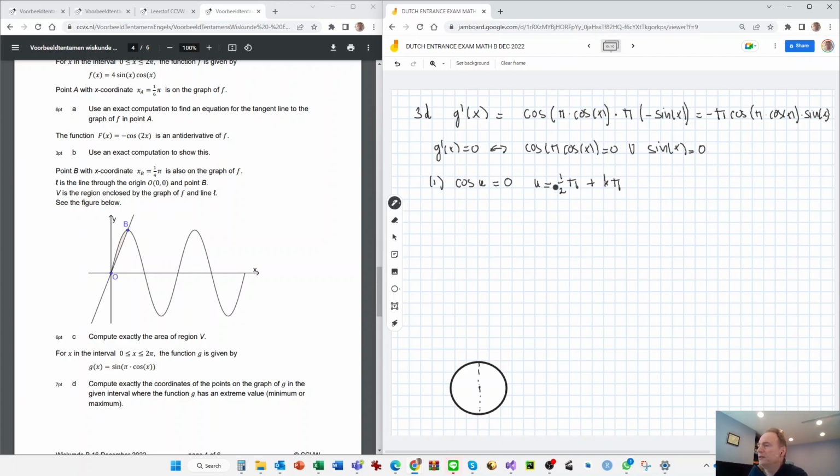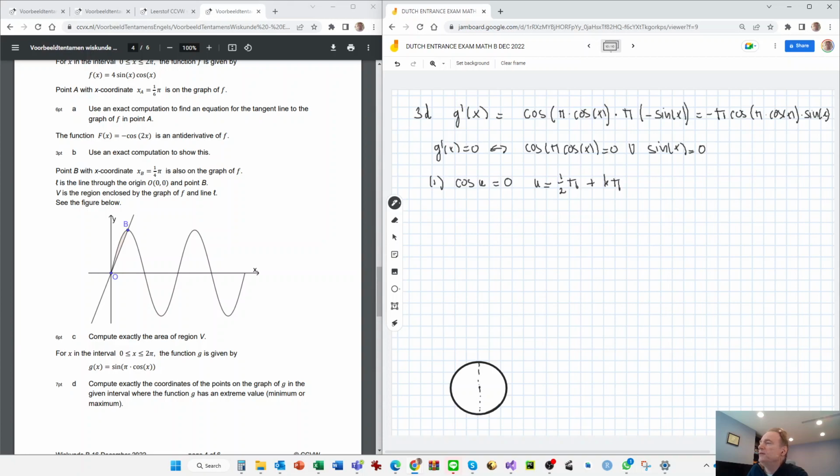So I can go pi, another pi, and so on. And you can also draw the cosine function and easily verify that.